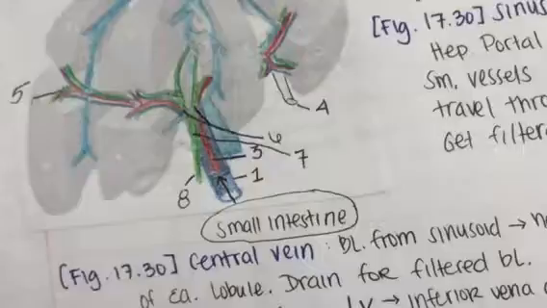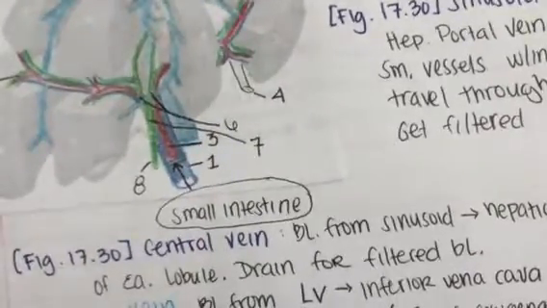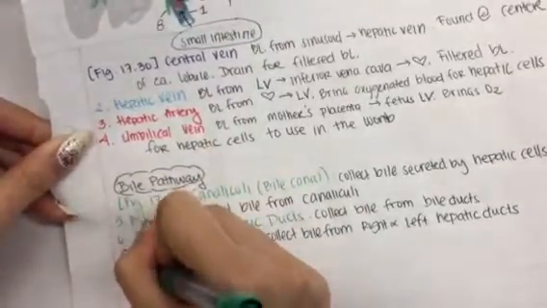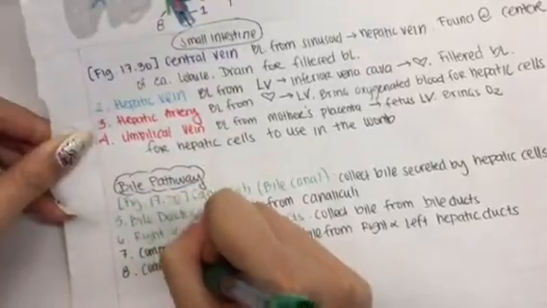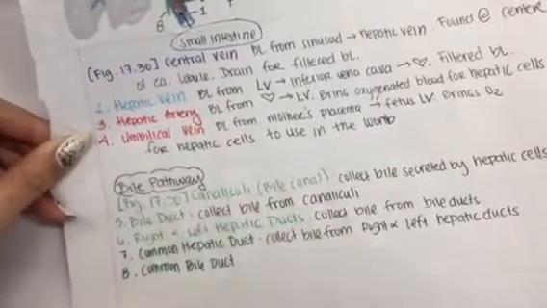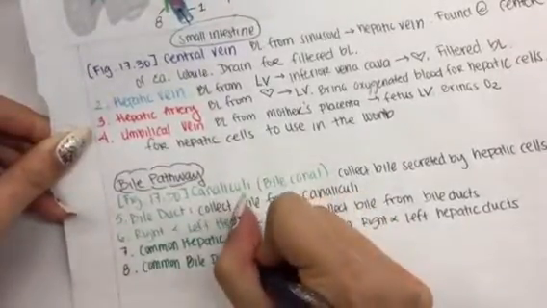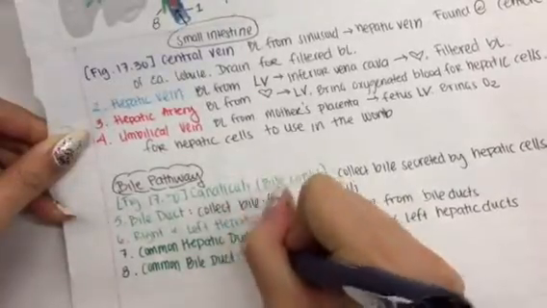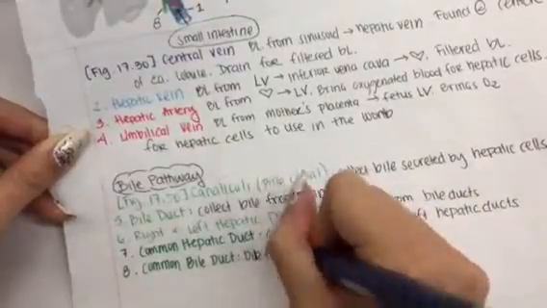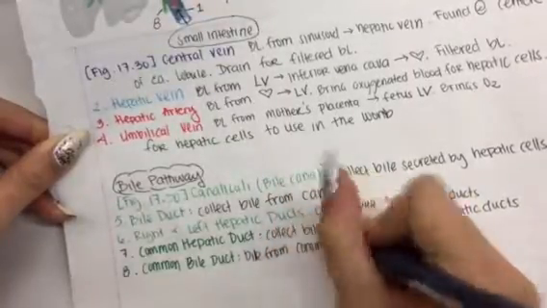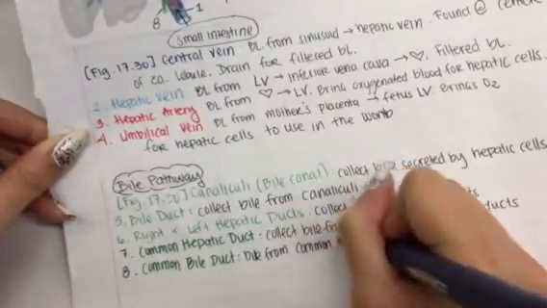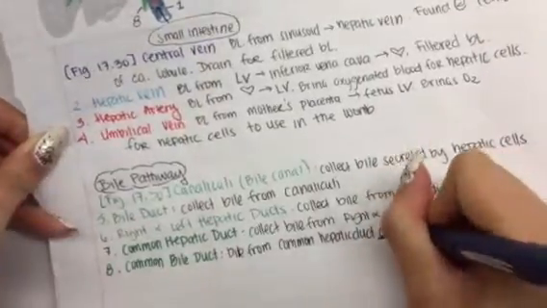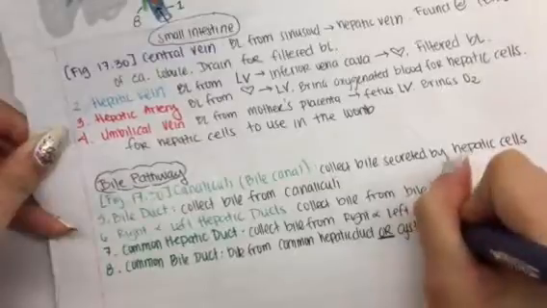And down below, we're going to write number 8 in green. Number 8 is going to be our common bile duct. Now, the common bile duct will collect bile from the common hepatic duct, which we just mentioned, or another option is the alternate route, which is the cystic duct, which we'll mention in a bit.